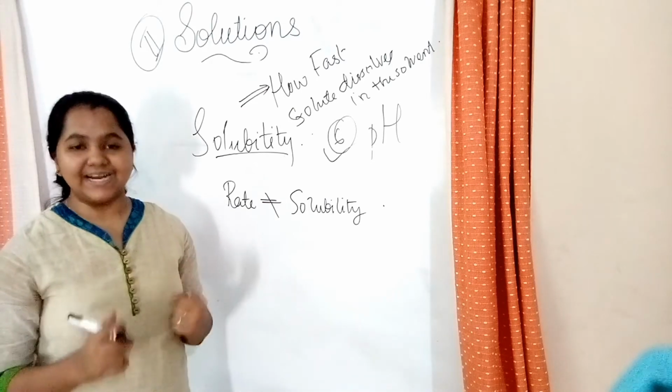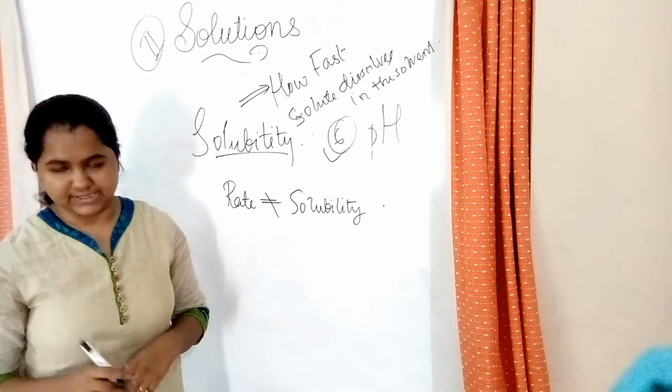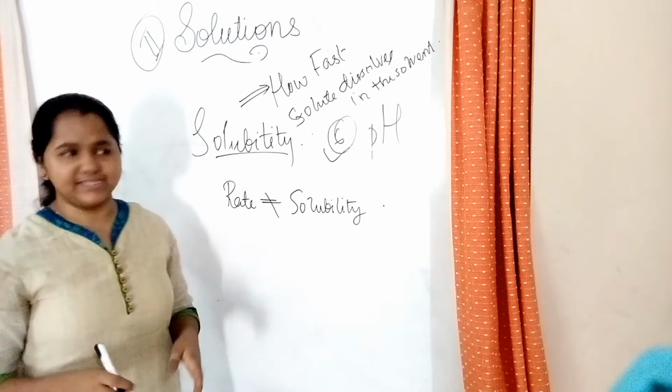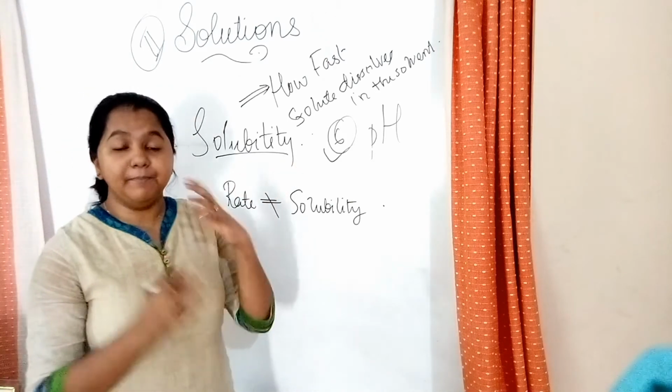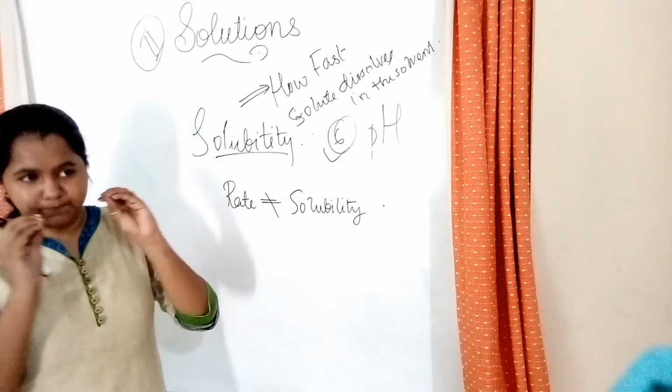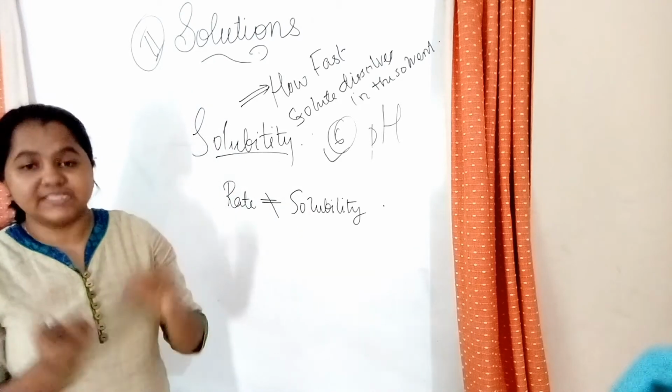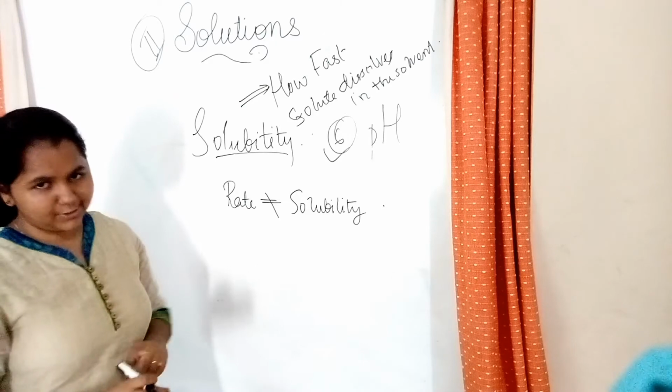So now let's learn about a term called insolubility. We learned solubility. What is solubility? Solubility is the maximum amount of solute that can be dissolved in a solvent at a given temperature. So what is insolubility?